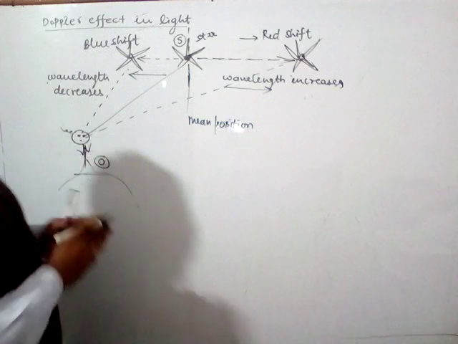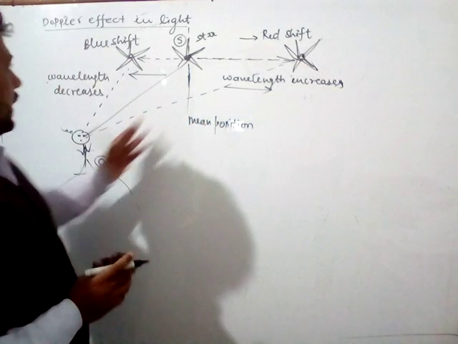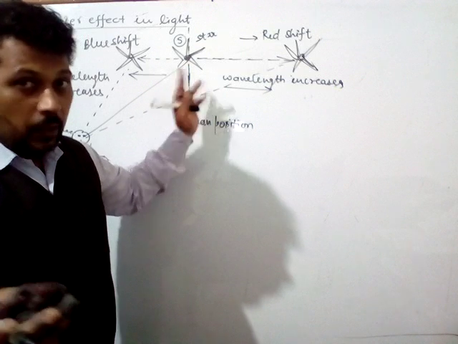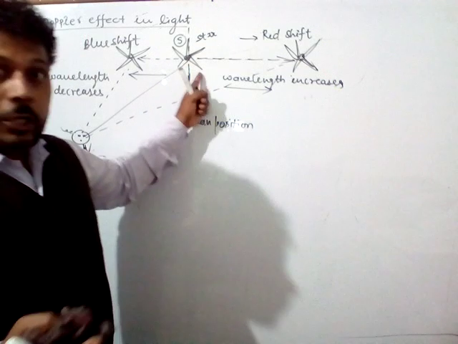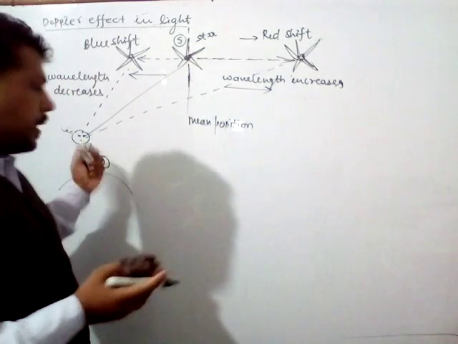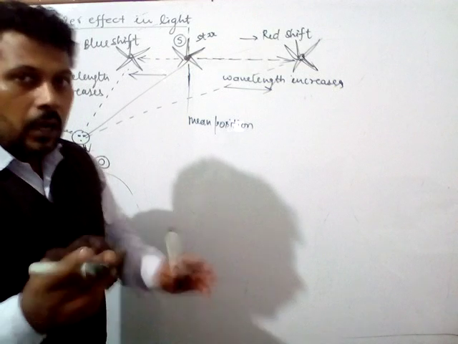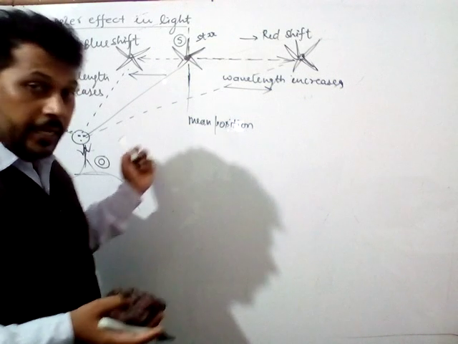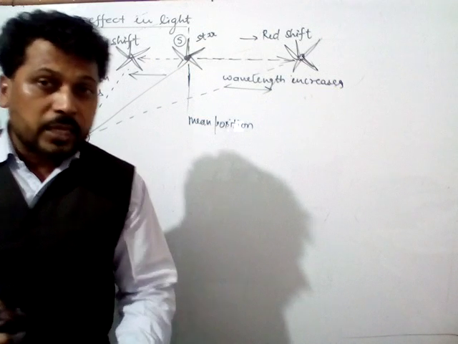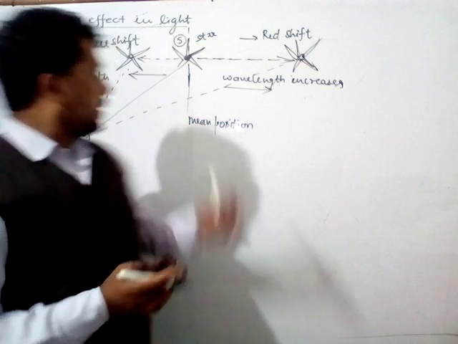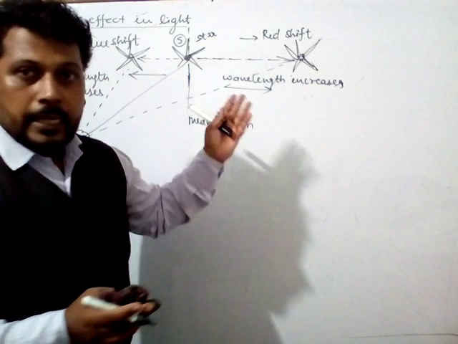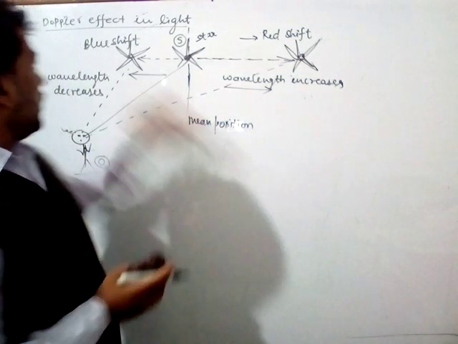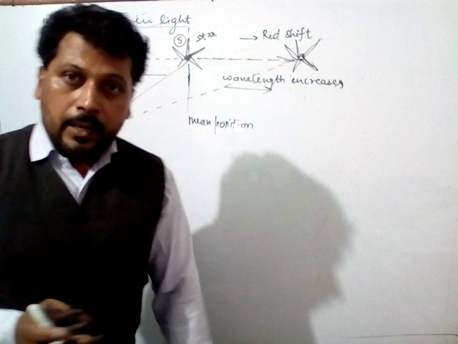Okay, so this was the main position, and this is the Doppler effect whenever relative motion is formed between the source and any observer. In simple words, whenever any source and any observer are in relative motion, the change in wavelength of the source is known as Doppler displacement, and it is also known as the Doppler effect in light.